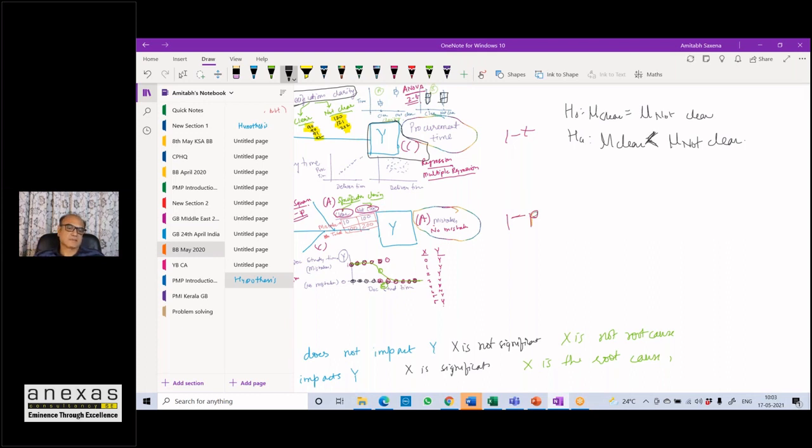So I can change the null and alternative hypotheses so that it becomes easier to make a conclusion. But actually, when I say clear is not equal to not clear, it is one and the same thing. It's just telling you the clarity is not impacting. It doesn't influence. You are clear or not clear, still the procurement time remains the same. That's what you are saying here.